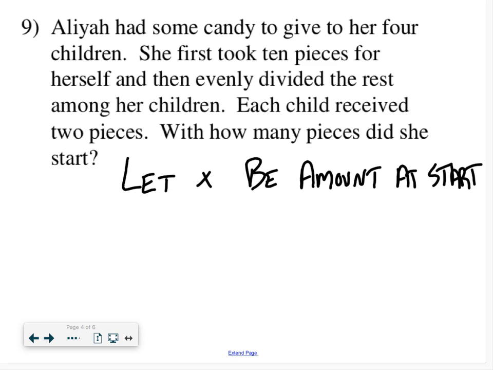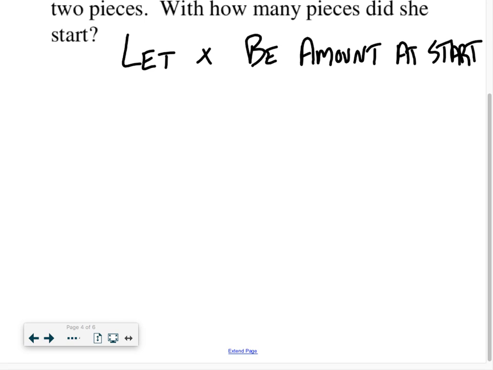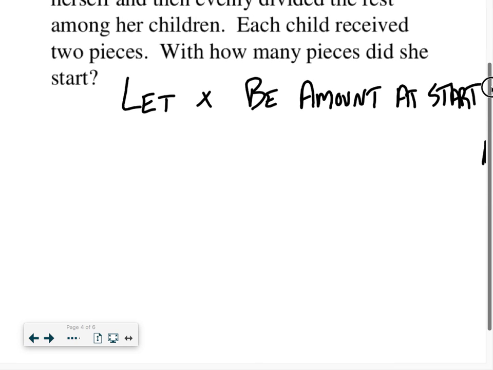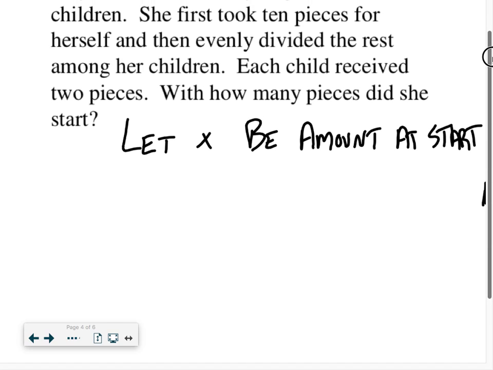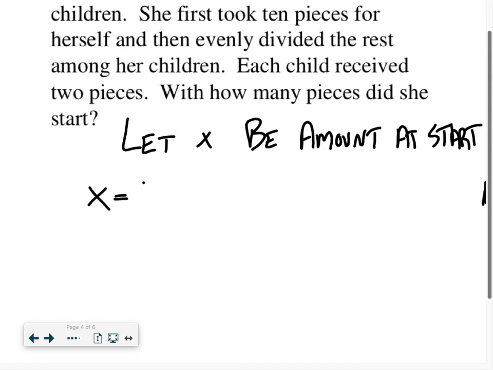So she had a bunch of candy, she took some for herself, and then she had 4 kids that she divided the rest between. So x equals 10 plus 4 times 2, because she had 4 kids that got 2 pieces each, is that right?